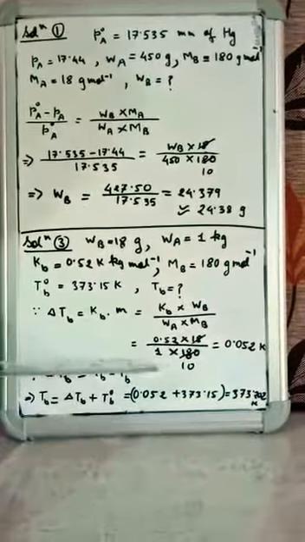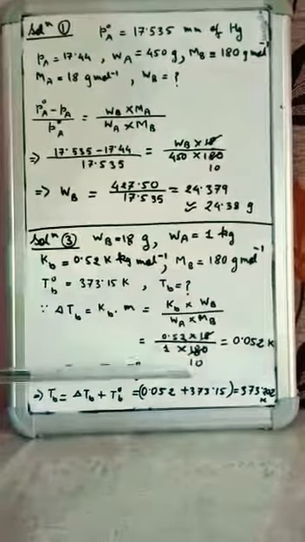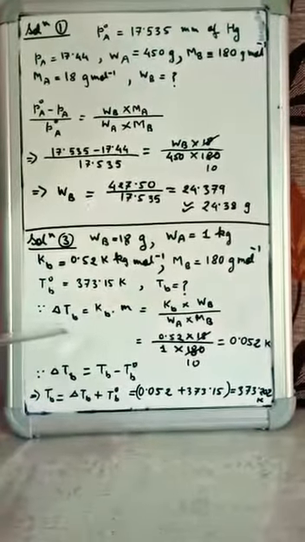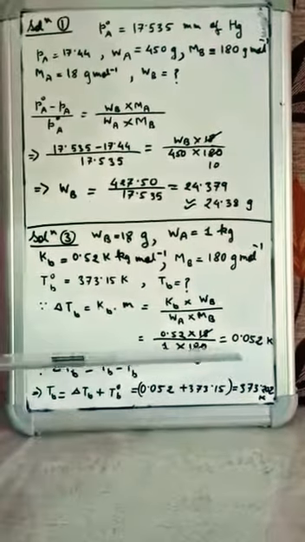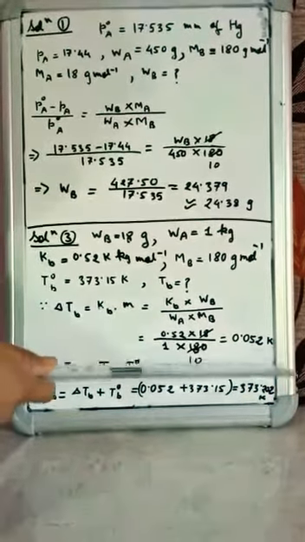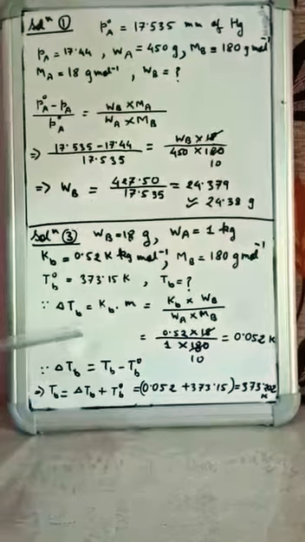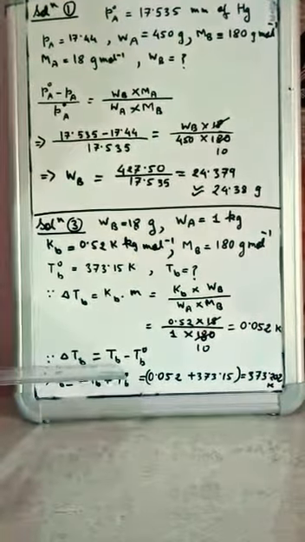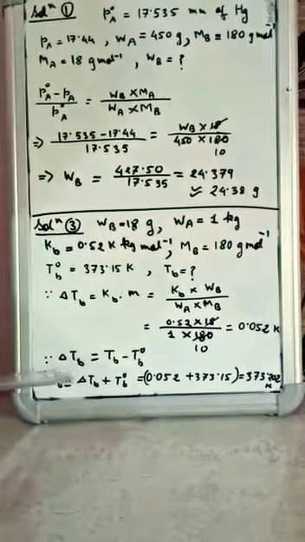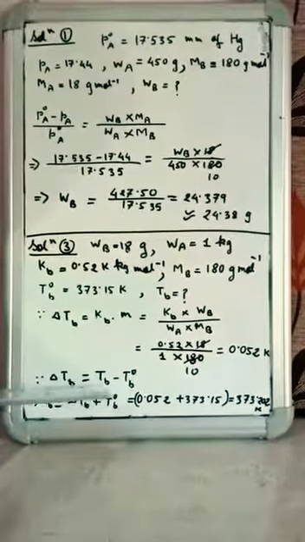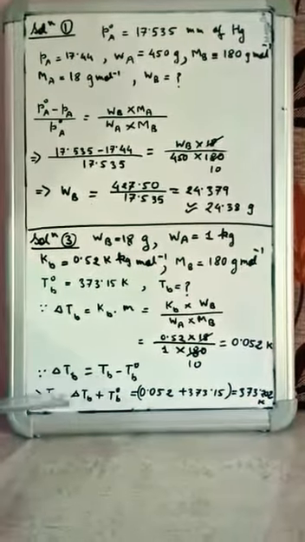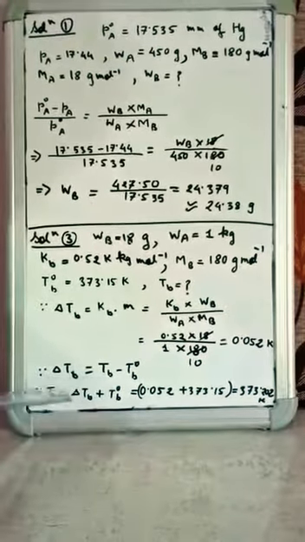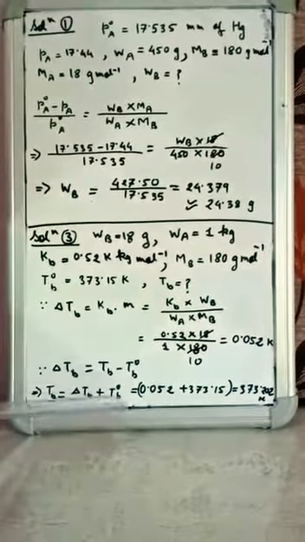So I have put in all the data given, and by solving it we got the value of delta Tb as 0.052 Kelvin. So we got the value of delta Tb, and it is very easy to calculate the value of Tb. As I told you earlier, delta Tb equals Tb minus T naught b. This implies Tb equals delta Tb plus T naught b.